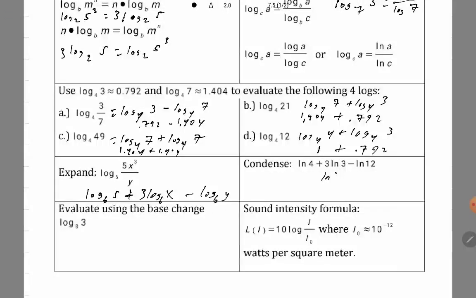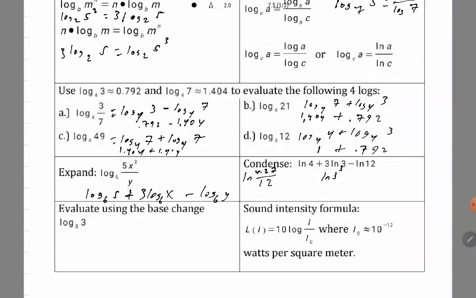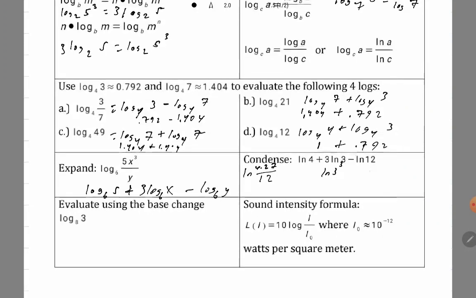This is the ln of 3 to the third, which is 27. So this would be the natural log of 4 times 27 over 12. So this would give me the natural log of 108 over 12, which is the natural log of 9.